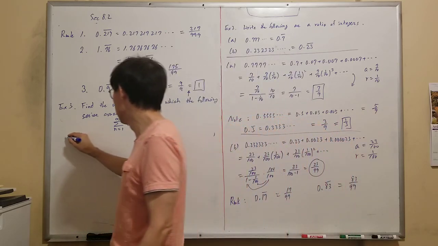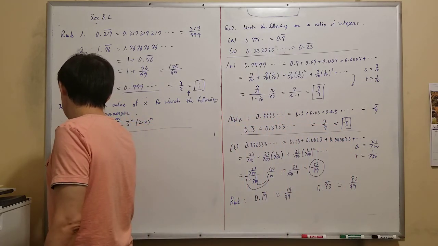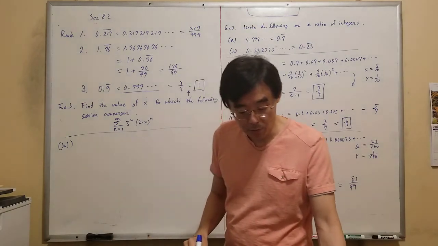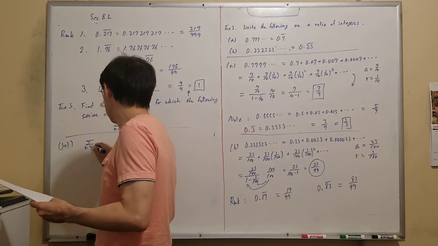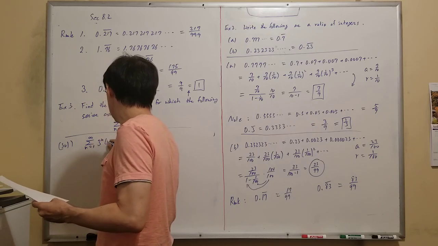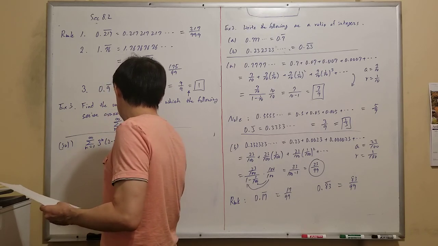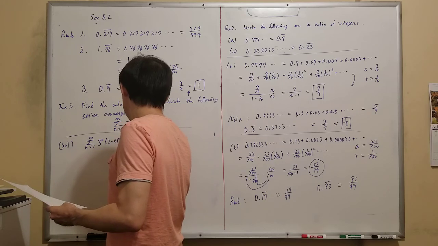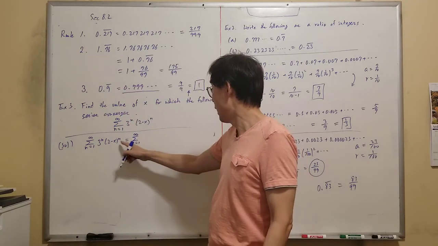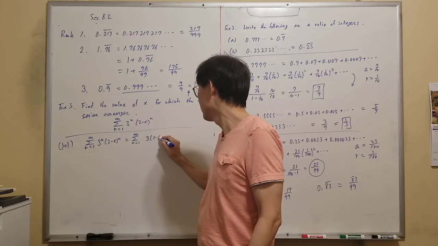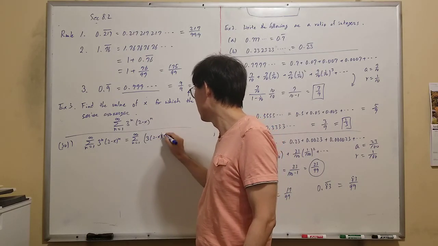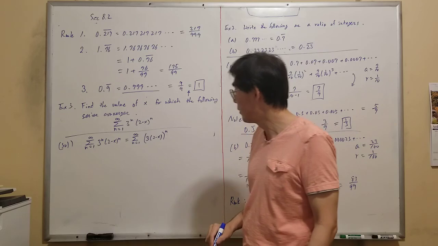All right. Let's rewrite this one. I want to write something to the nth power: 3 times 2 minus x to the nth power. Right?